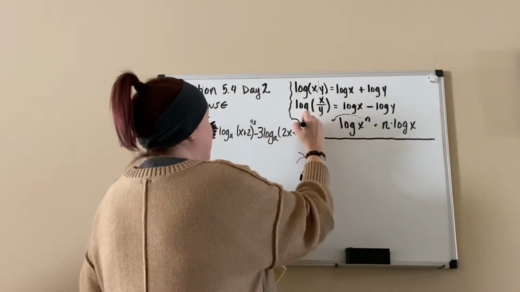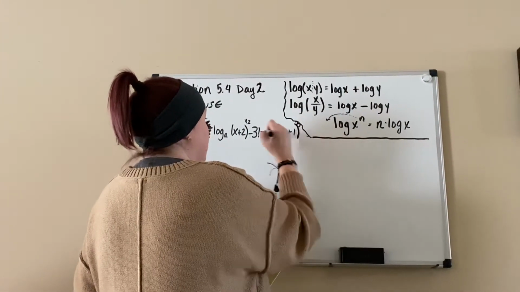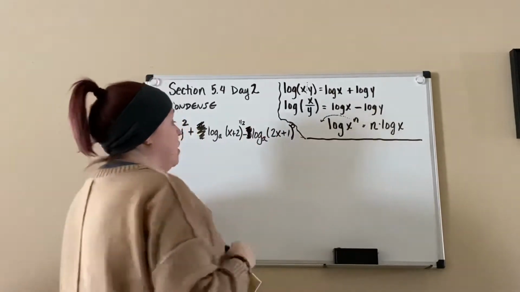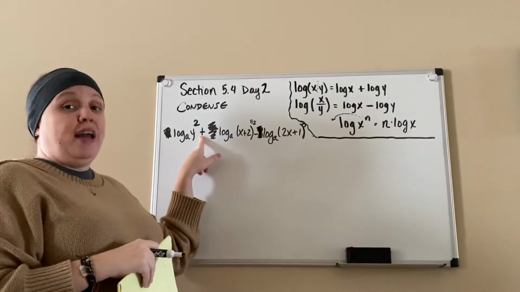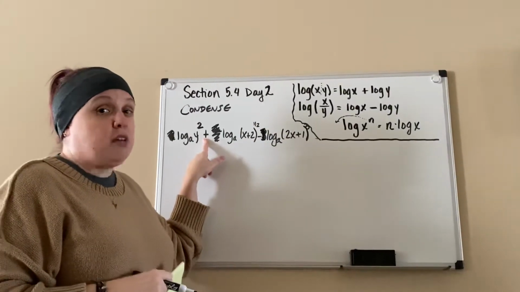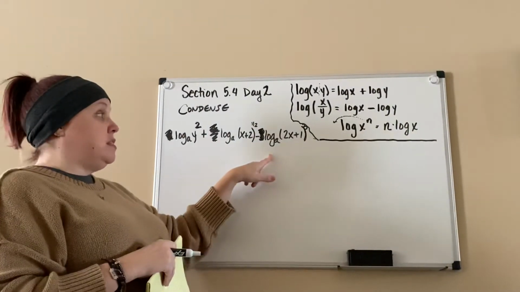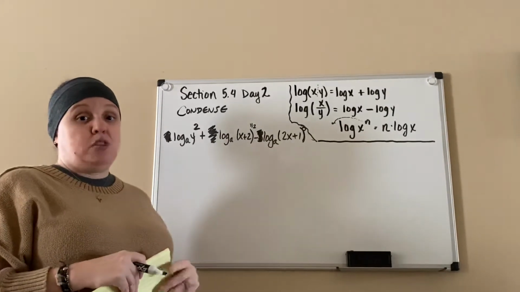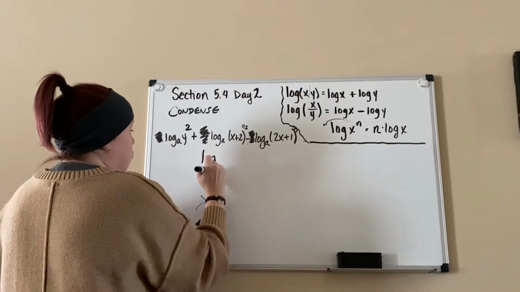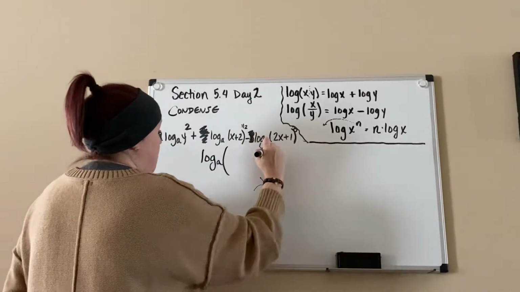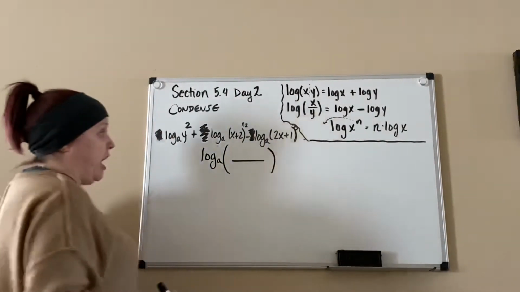And then this 3, not -3, just the 3 goes in the power of the 2x plus 1. The plus means they're multiplied, and the plus also means they go on top. The minus means it's division, which means that piece goes on bottom. So what I do is I write a single logarithm. I just write 1 log base a, and I draw myself a parenthesis as well as a fraction.